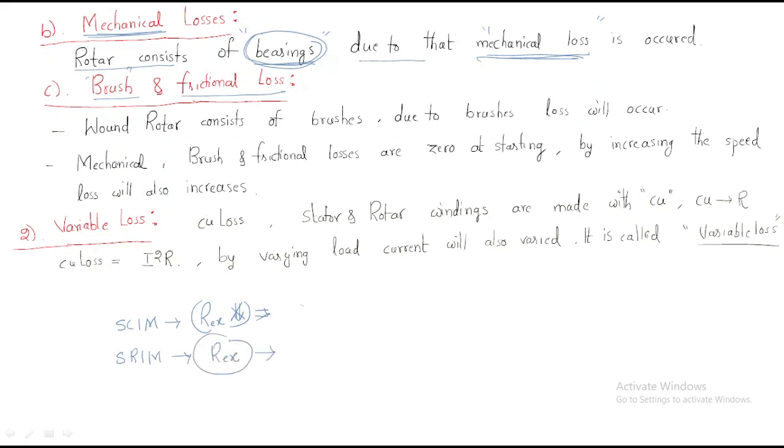In order to add the external resistance, we have to use slip rings. To supply the rotating part and apply the external resistance to it, we use brushes. So the wound rotor consists of brushes, and due to the brushes, loss will occur.